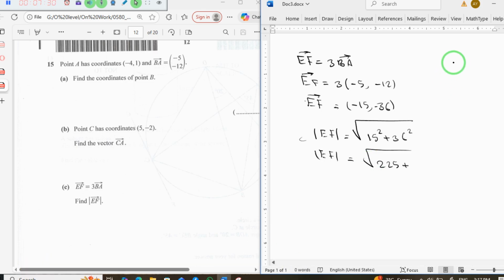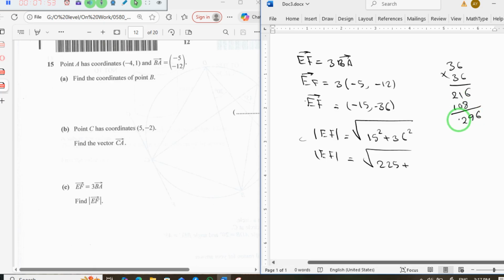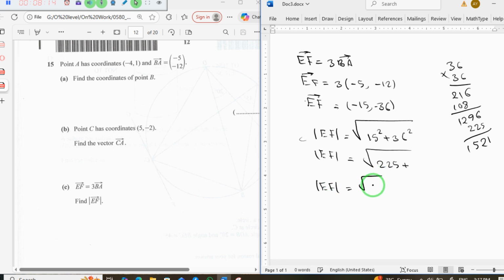We multiply 36 by 36, which is 1296. Then we add them together with 225. So EF is actually the square root of 1521.